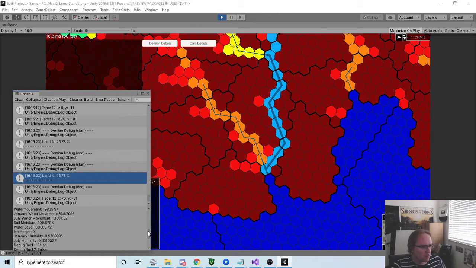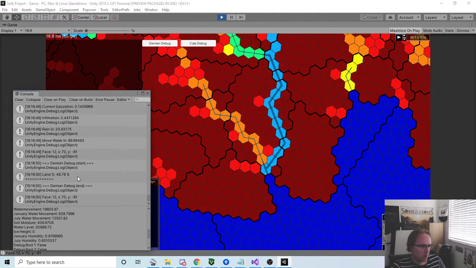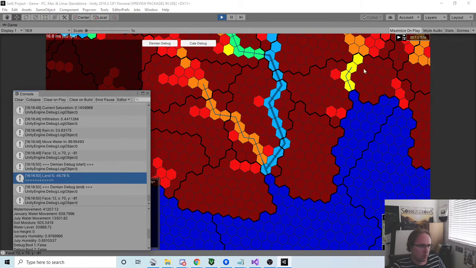Water movement seems accurate. Soil moisture 406. Okay, that's an improvement, I suppose. 406 went through a month. 406 to 505. Alright, so we're storing more in the wet season.